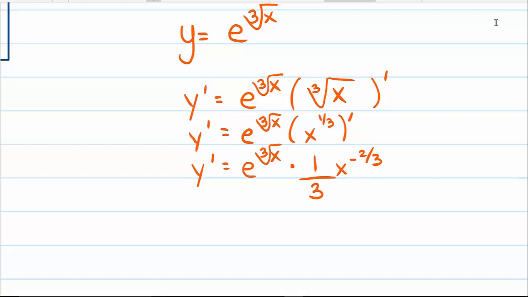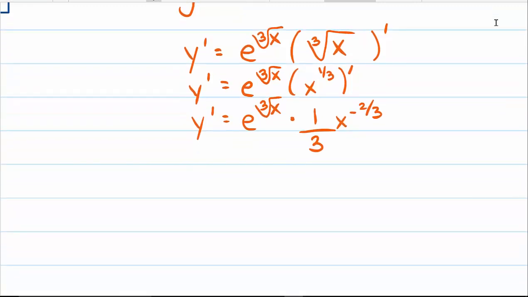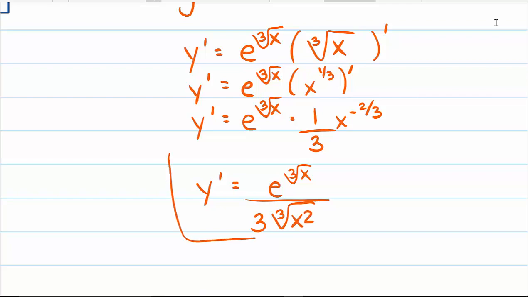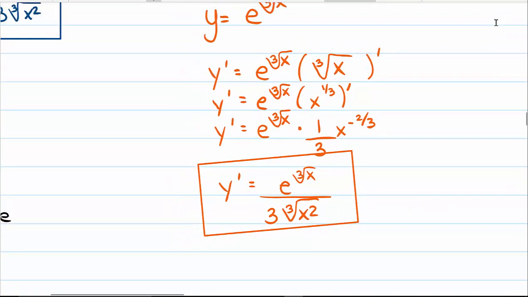So now I'm going to write that all as one nice big answer. Y prime is equal to e to the cube root of x divided by 3 times the cube root of x squared. And you see you get the same answer.